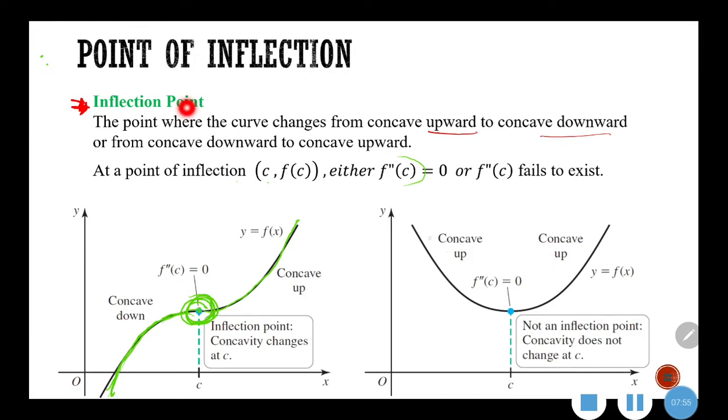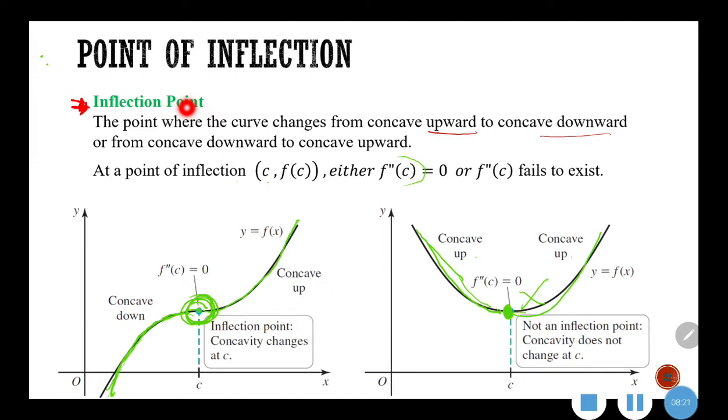However, for this example, dia concave up, lepas point ni pun concave up, tak ada perubahan. There is no change. Dia tak berubah daripada concave up ke concave down, it still remains concave up. So this one does not have any inflection point.